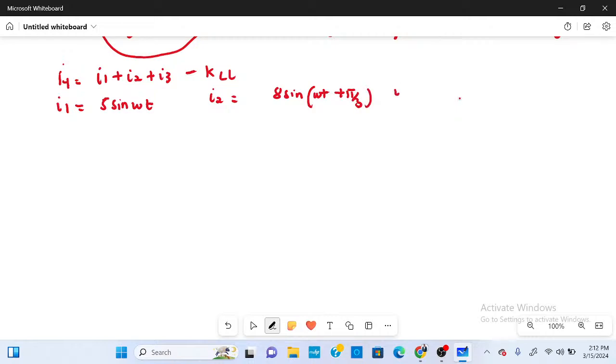Then we have I3 is equal to 15 sine omega t minus pi on 4 plus another component 8 sine 3 omega t plus pi on 3.